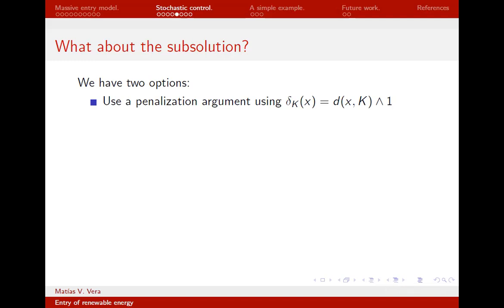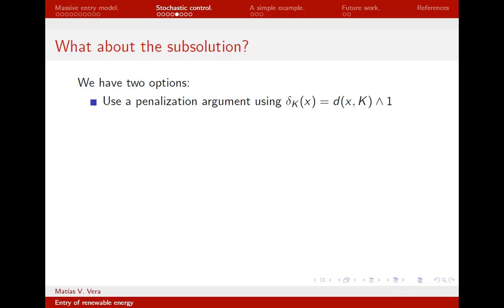But the problem with this is, one, it needs additional assumptions over the volatility and the drift, and also the running function. And the second part is that you need to take certain controls to make this work.